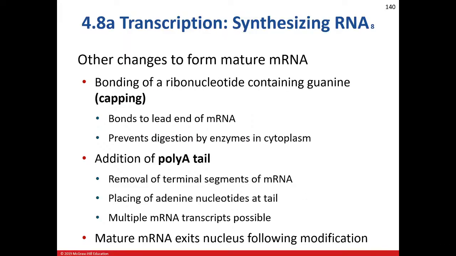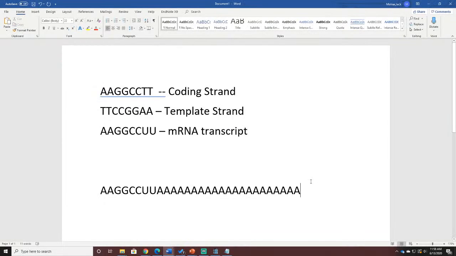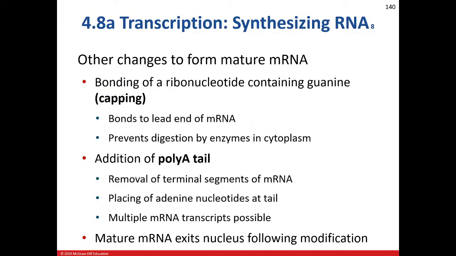We place adenine nucleotides at the tail, and it makes multiple mRNA transcripts possible. So in other words, when we copy mRNA, we cut some of these segments of the A's off. It's like a counter in a game.